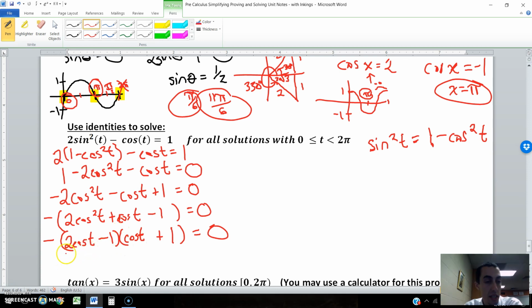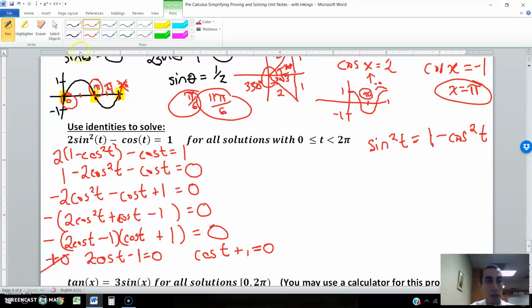Now what I can do is take each of these factors and set them equal to 0. First, this -1 set equal to 0. Of course, that doesn't lead to any solutions because it's false. Then set that second term equal to 0. And then the third factor, I mean, equal to 0.